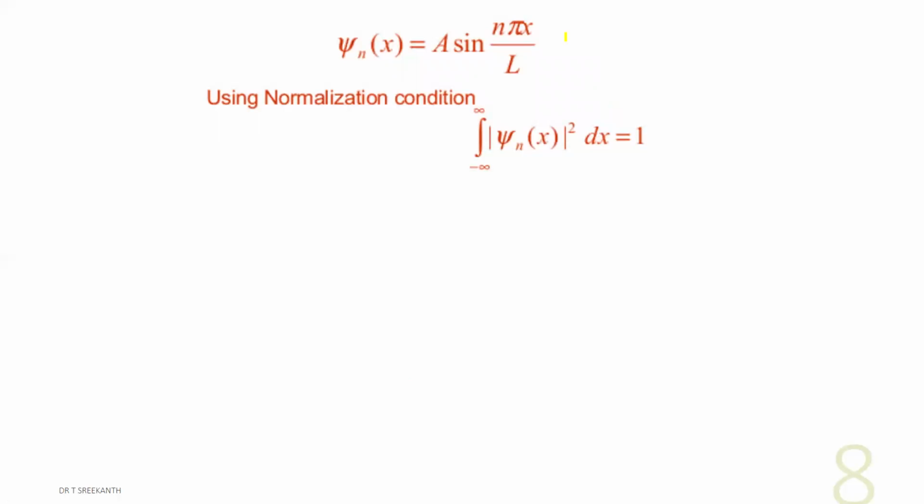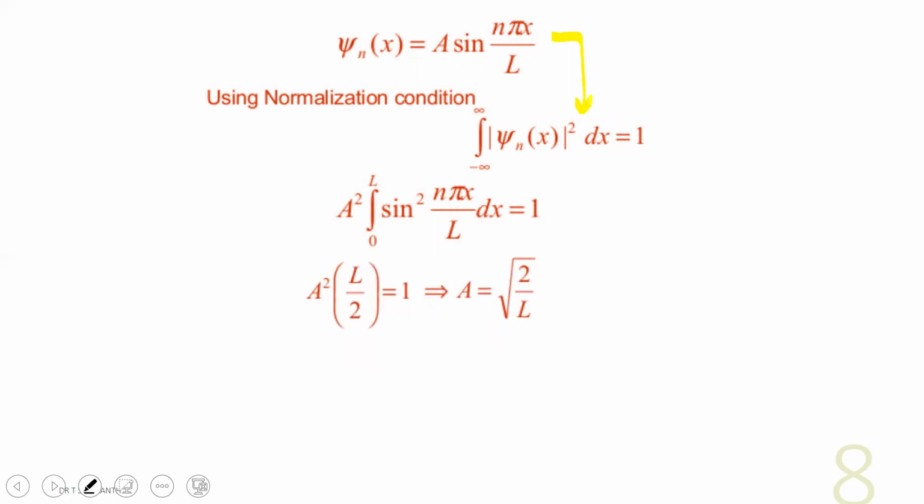So we have to substitute these values in this equation. Then A square integral 0 to L sin square n pi x by L dx is equal to 1. The simplification of this equation gives A is equal to under root 2 by L.